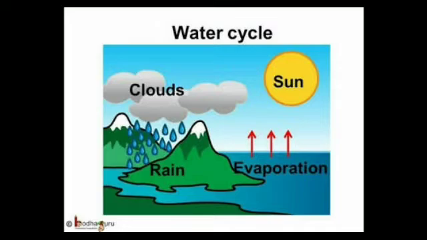How does rain fall down on the earth? Can you say, children? We can look at that. It has a process that is called the water cycle. The water cycle is a natural process of circulation of water from the land to the sky and back again.